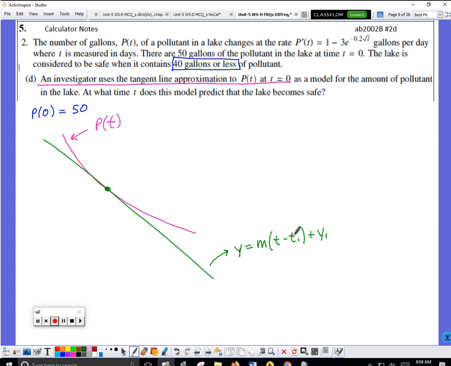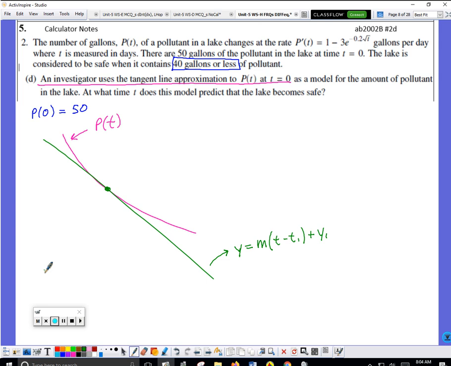And what they're saying is, let's find an equation for this, and we'll just use that as our approximation for the pink. So we put it into point slope form. For our class, point slope form always works best. Good question. 2 points. Okay?